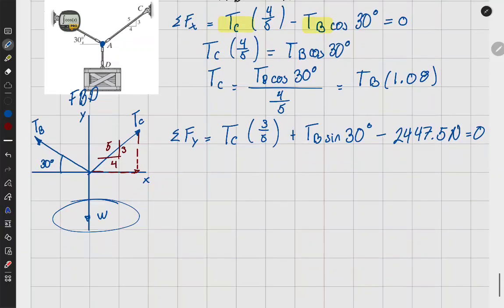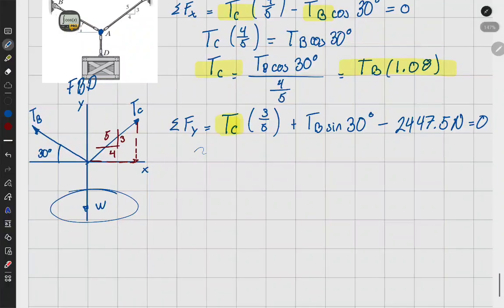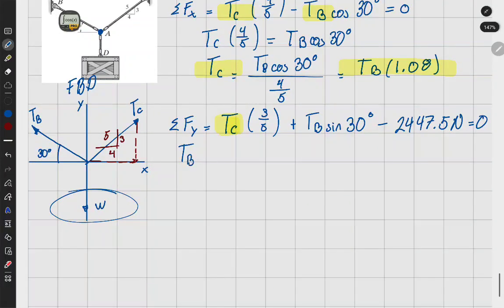Here you can substitute the value of TC, that is this one here, in this step. So TC equals TB times 1.08.